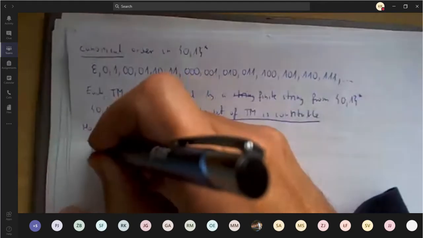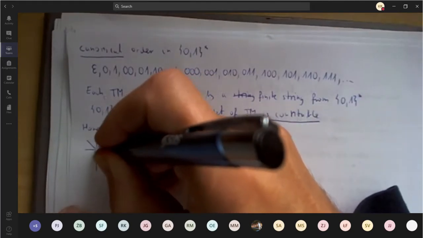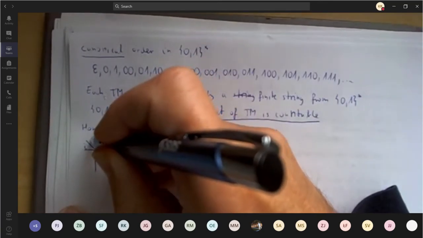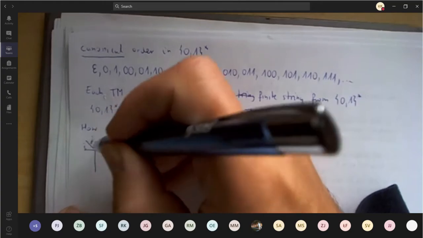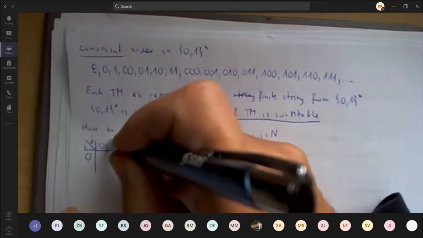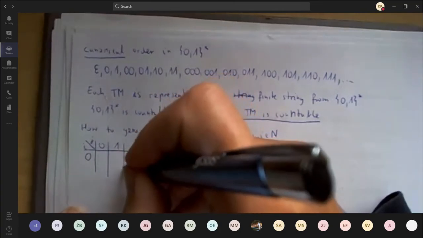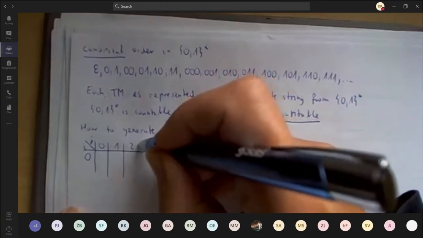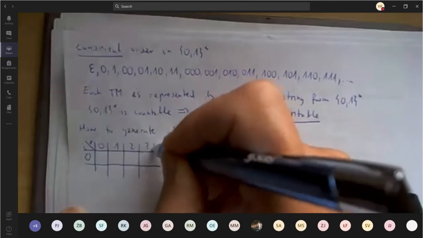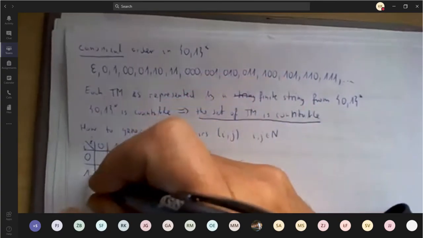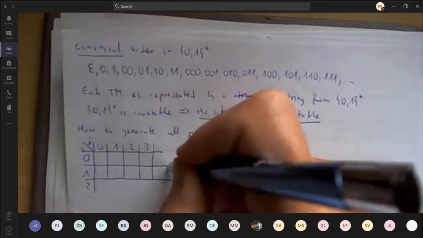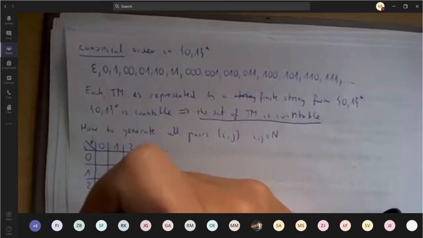So I will draw a table. The rows of this table are indexed with i and columns with j. This is 0, 1, 2, 3, and so on.